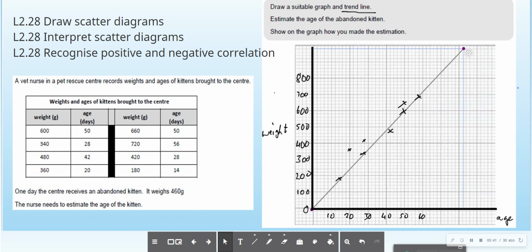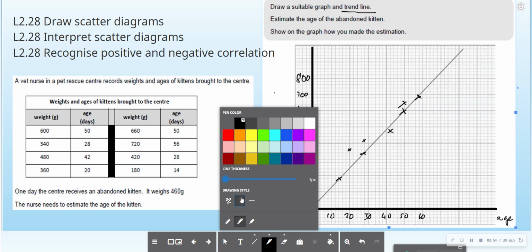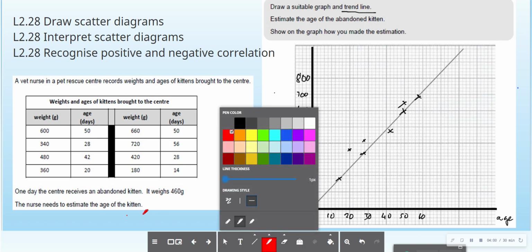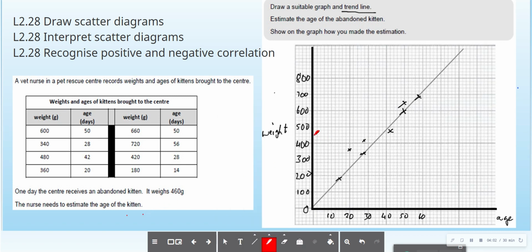It doesn't always start at 0 here. It's just gone to 0, but it doesn't always go to 0. And then we can use our trend line to find an estimation for a kitten that weighs 460 grams. So we use our ruler and we draw a horizontal line from 460, 20, 40, 60 over to our trend line.